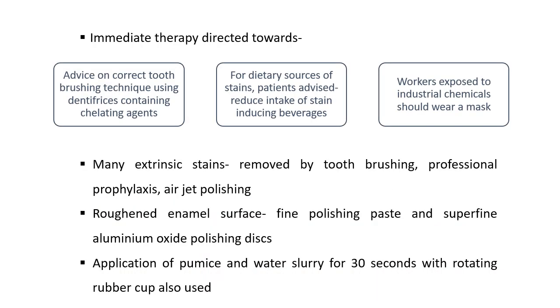Workers exposed to industrial chemicals should always wear a mask. Many extrinsic stains can be removed by toothbrushing, professional prophylaxis, air jet polishing. In case of roughened enamel surfaces, fine polishing paste and superfine aluminum oxide polishing discs can be used, whereas application of pumice and water slurry for 30 seconds with a rotating rubber cup can also be used.